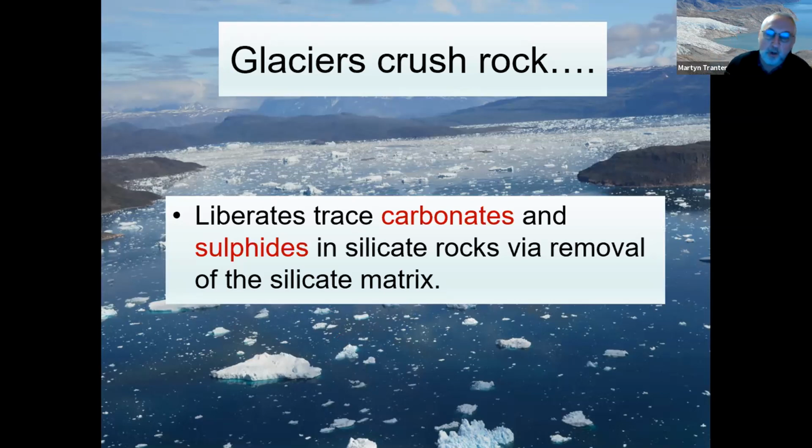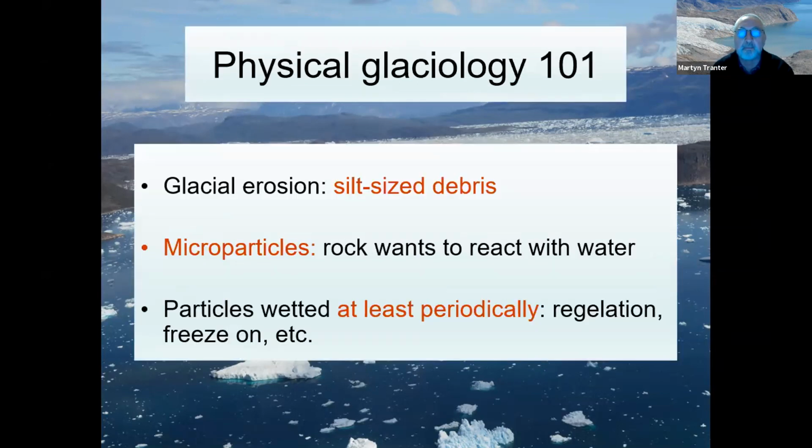And carbonates and sulfates, they're really reactive compared to the boring old silicate rock that they're contained within. What I went on to learn then was that glacial erosion is the biggest producer of silt-sized debris on the planet, and just about every glacial runoff stream is turbid, and it contains silt-sized debris.